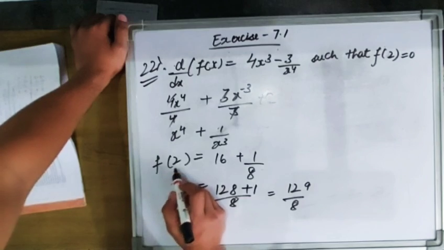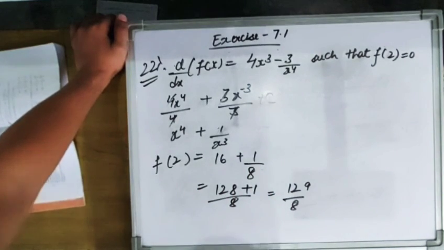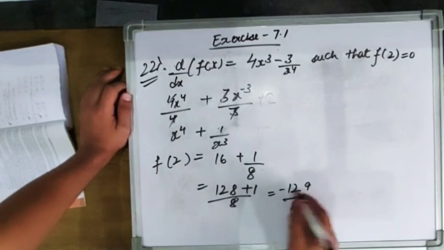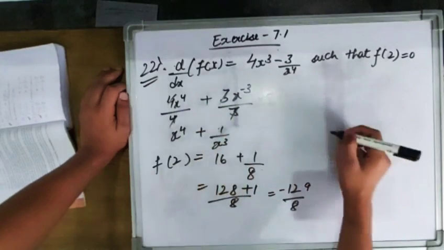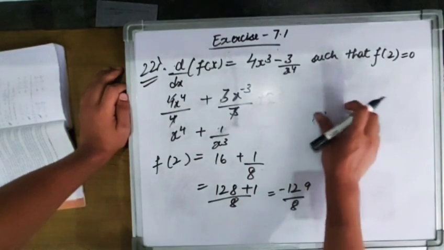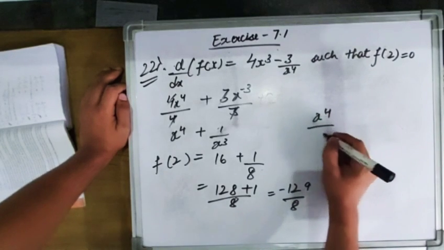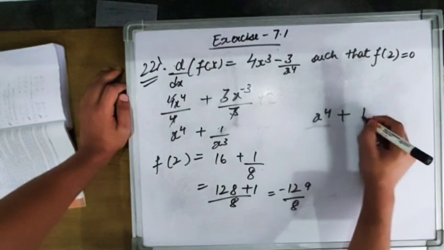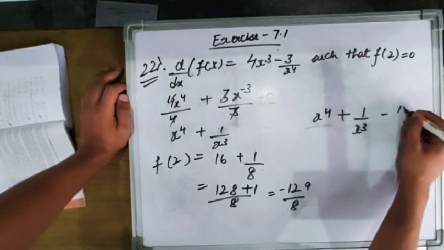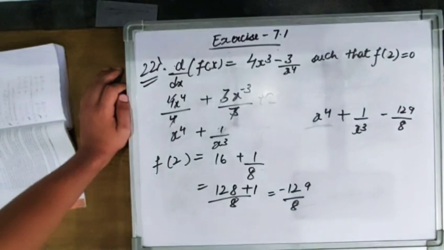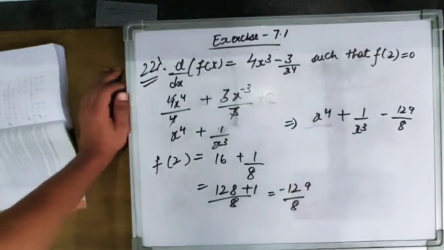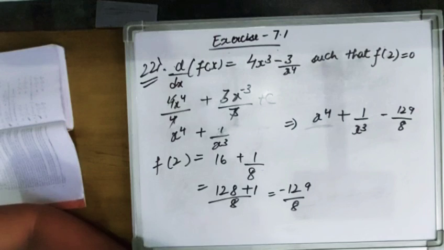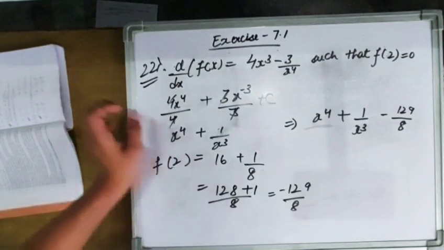Remember that the value of f(2) is given as 0, so the value of the constant term will be negative. So the function is x raised to power 4 plus 1 upon x cube minus 129 upon 8. This is the answer of the 22nd question, and it is option A.